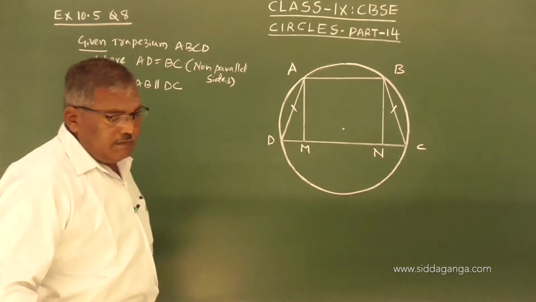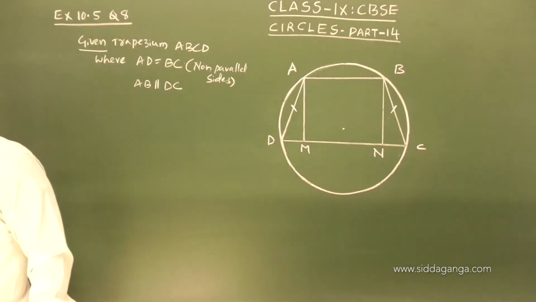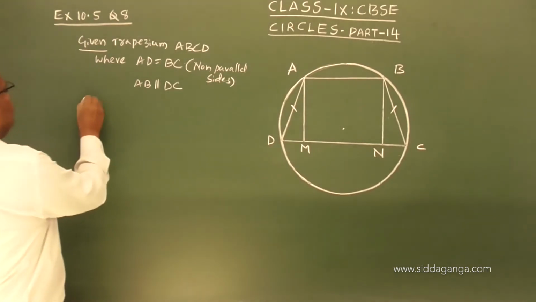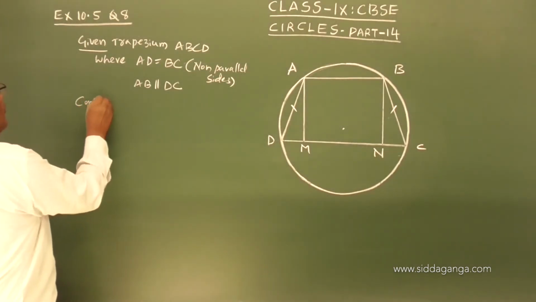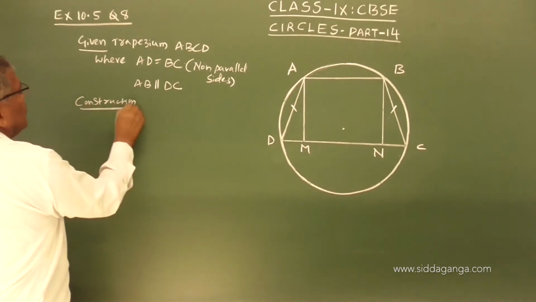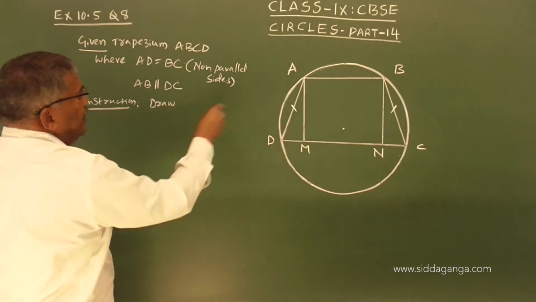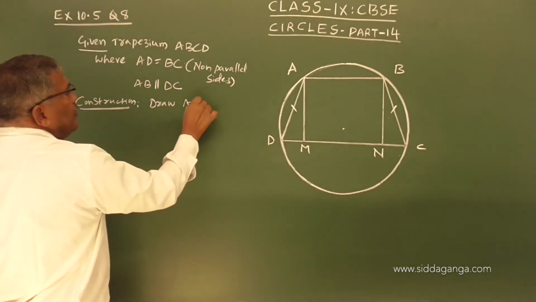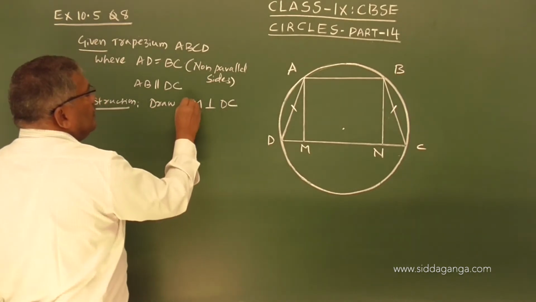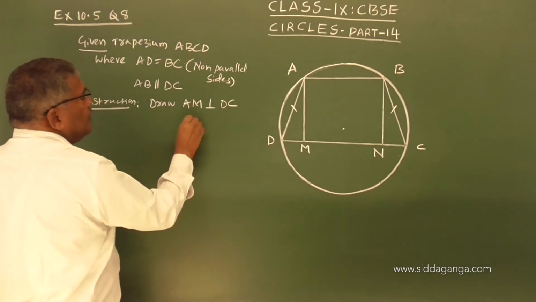Now, construction. Draw AM perpendicular to DC, AM perpendicular to DC and BN perpendicular to DC.